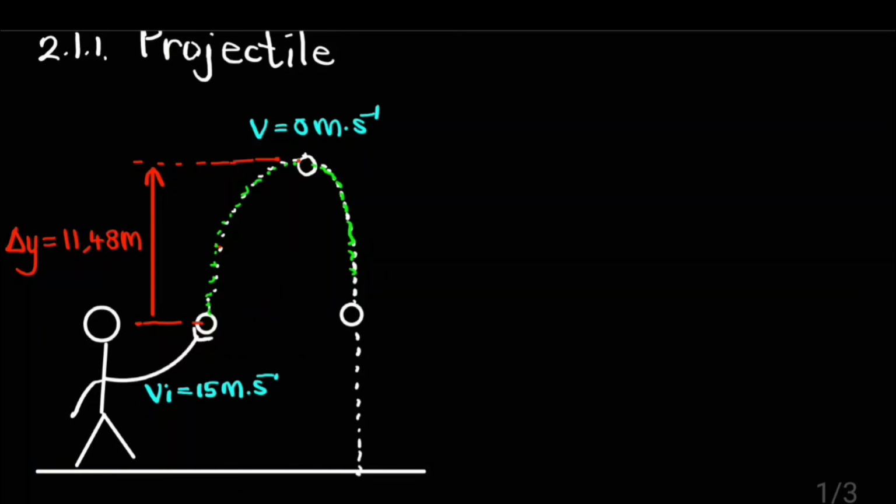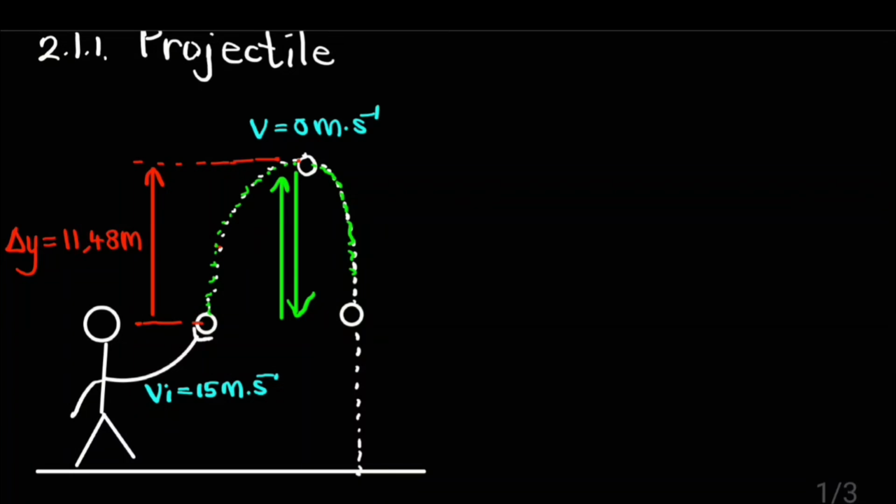So the time taken for this ball to go from the starting point to that highest point is the same as the time taken for it to go from its highest point back to the starting point. For example, if it took 5 seconds for the ball to go up, it should take 5 seconds to come down. So we know this from maths, right? That a parabola is symmetrical.